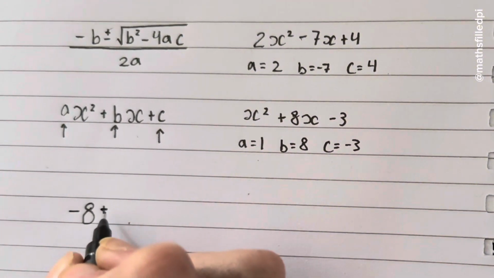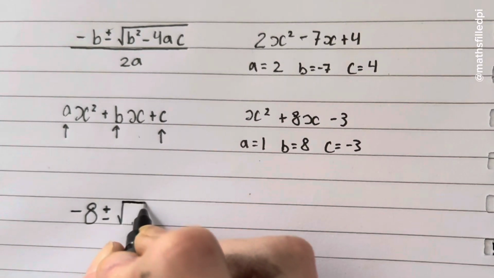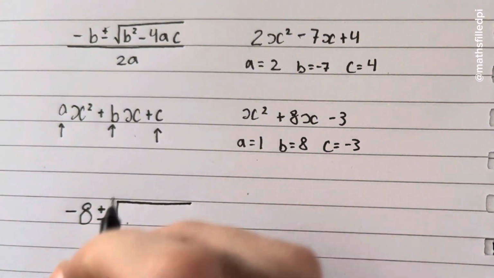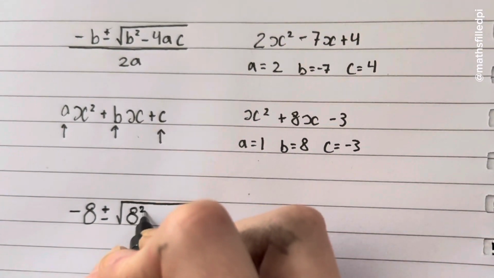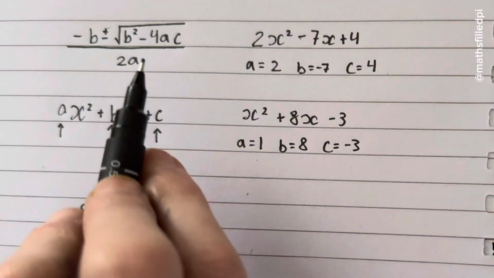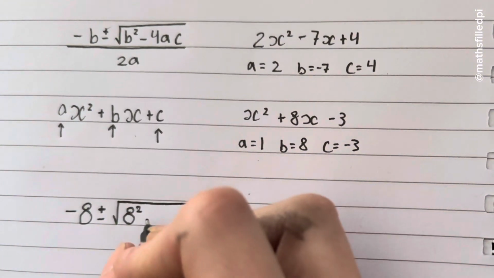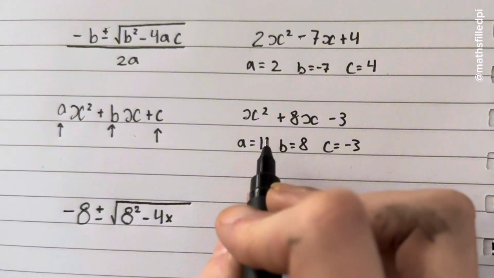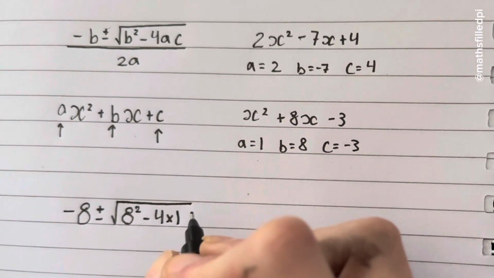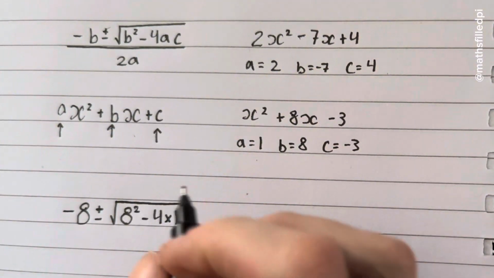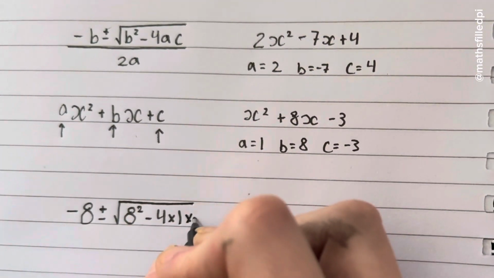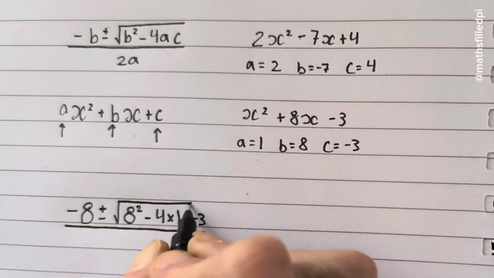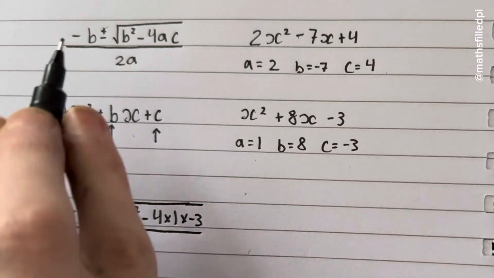Add or minus the square root of b squared, which is 8 again, minus 4 times our a, which is 1, times our c, which is minus 3, all over 2a.